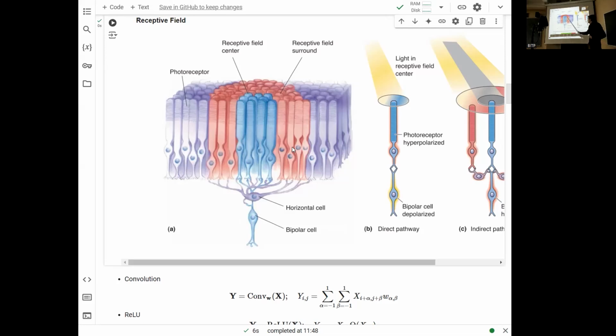And this receptive field contains its center that gets directly to the bipolar cell that will send this information to the brain. And it gets information from the so-called horizontal cell that collects information from the surrounding, called the receptive field surround.